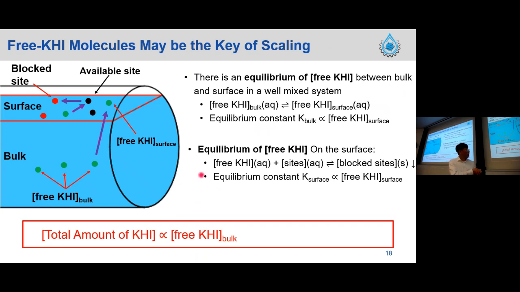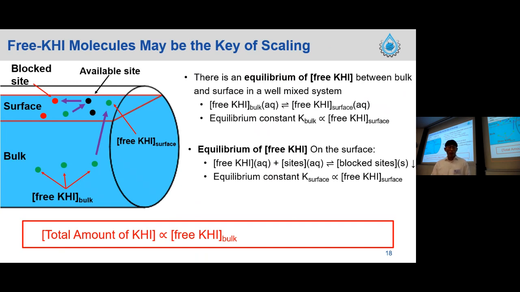The equation shown here is like a first-order chemical precipitation reaction in chemistry. It says that when those available nucleation sites consume a KHI molecule, you need to get more free KHI molecules onto the surface for the equilibrium to hold. Those free KHI molecules will be provided by the bulk phase. Eventually you will get the equilibrium for these two equilibrium constants.